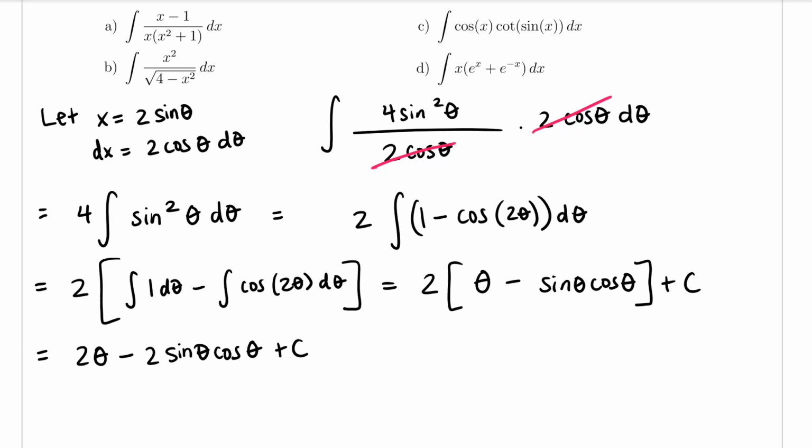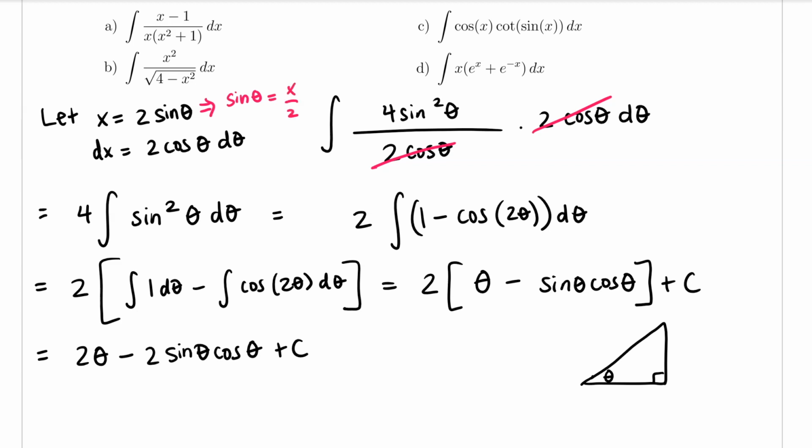and in our original integral, we were integrating with respect to x, so we need to get our final answer back in terms of x. The way that I'm going to go about doing that is I'm going to draw a right triangle and fill in some information there. So here is theta, and originally we know that we let x equal 2 times sine of theta, which if we solved this for sine of theta, we would get sine of theta is equal to x over 2.